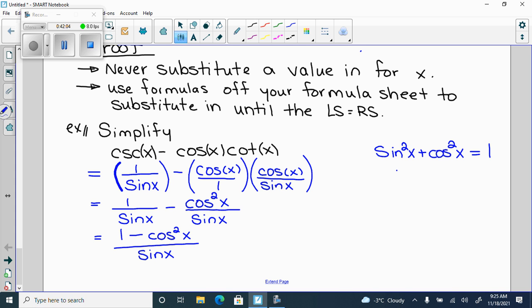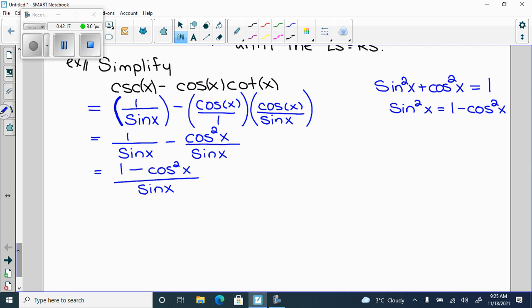If I subtract that cos squared x over, I get 1 minus cos squared x. So what can I actually replace 1 minus cos squared x with? Sine squared x. It's like a puzzle. So I get sine squared x over sine x. And sine squared x is just what? A sine x times a sine x, correct? So I can cross 1 off for 1, and I get sine x.